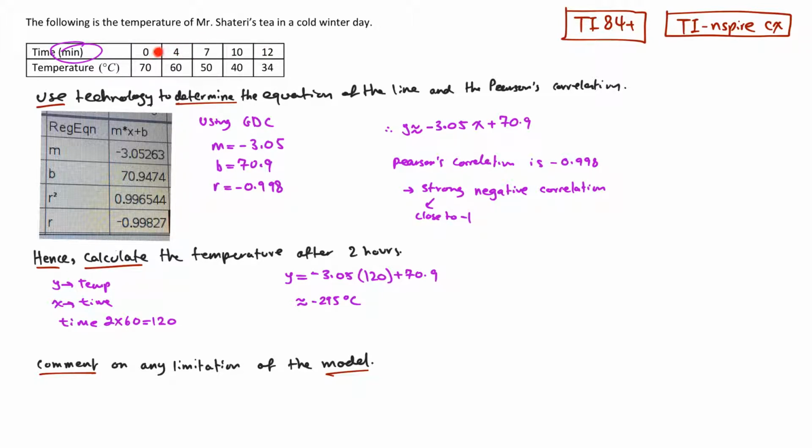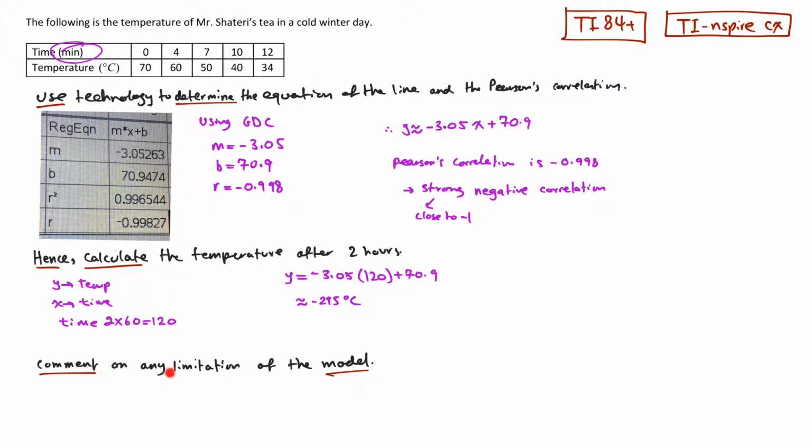Our time here is between 0 and 12 minutes, but 120 minutes is very, very far away, and usually our temperature should reach the ambient temperature. In this case, if the tea is left outside, let's say the temperature outside was negative 40 degrees Celsius, after 2 hours or after 3 hours, the temperature should be approximately negative 40, but definitely not negative 295.